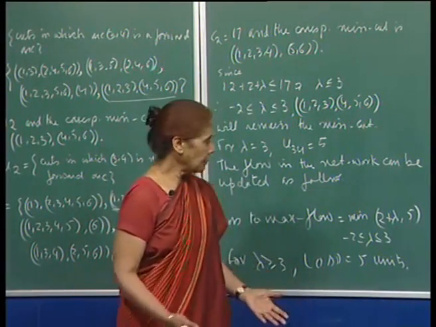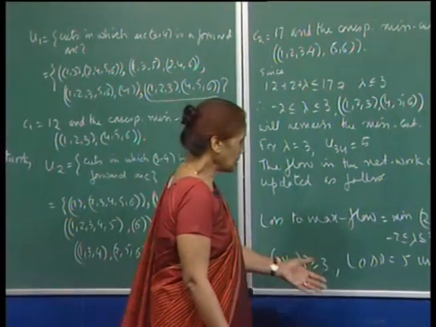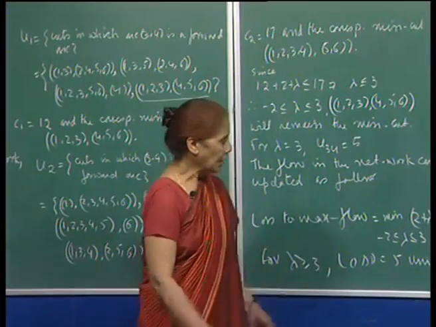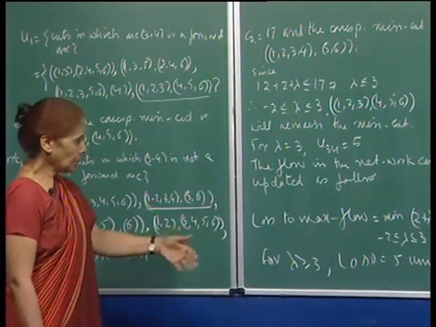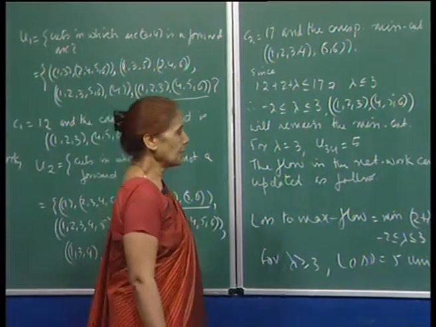So, it would not help if you increase the capacity of arc 3 4 any further, because the max flow will not increase. Right. So, this gives you an idea how much to invest on a particular route and so on, and as I told you, there are so many other applications of this concept of critical capacity of an arc.